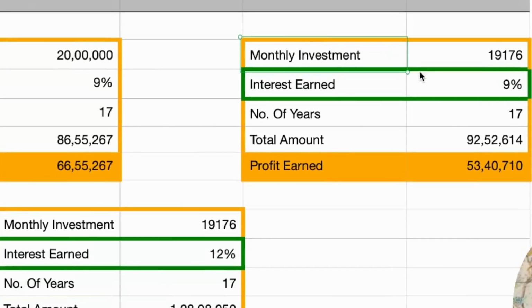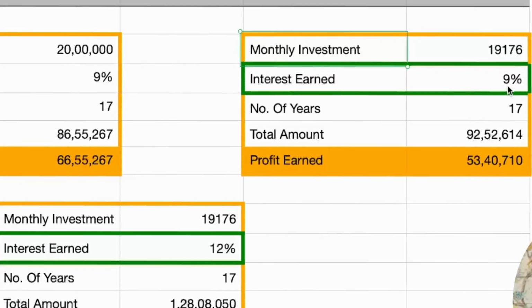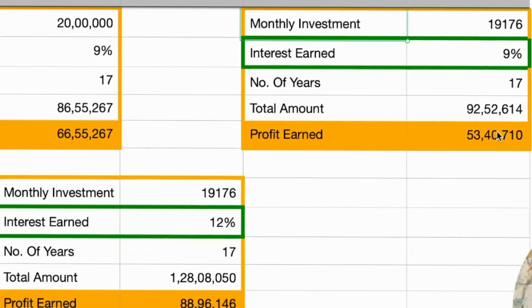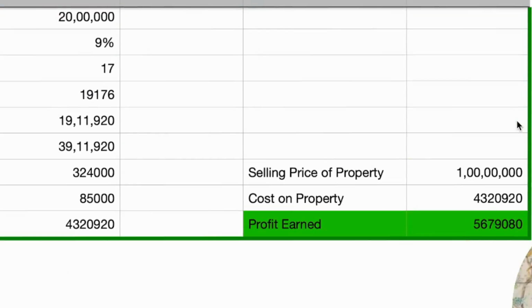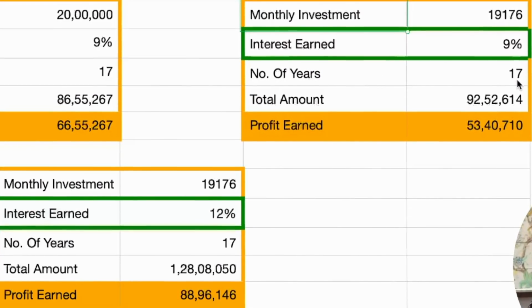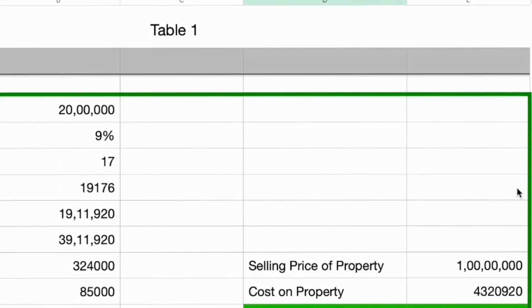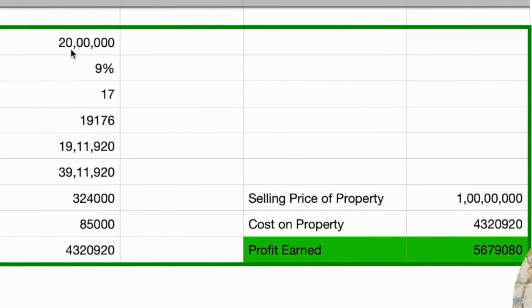So just by making a monthly investment into a recurring deposit and earning a simple interest of 9% in a period of 17 years, he is making a profit of 53 lakh 40,000, which is just, I would say, 3 lakhs lesser than the return that he would have made by taking a home loan on a property.